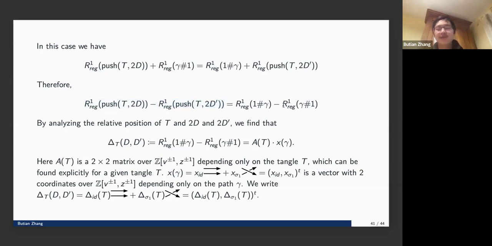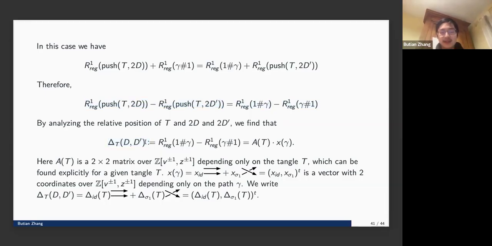For the things on the right, since we are given T and then D prime, we do not know how they are connected, usually. Otherwise, you give me this gamma. So this part is something that we usually don't know. But this part is something that we can always calculate. And for this part, we call it delta T.